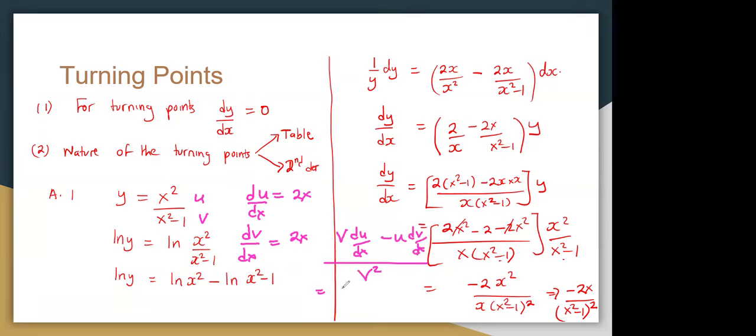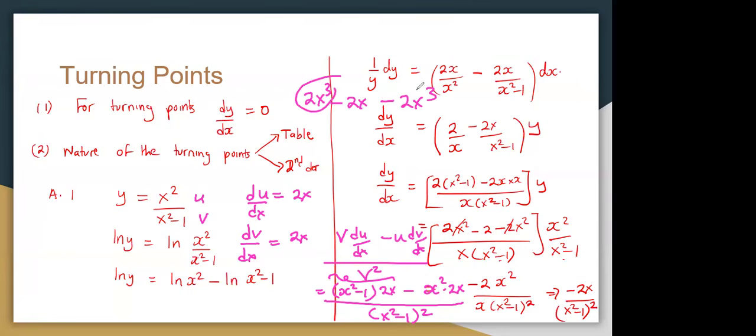We substitute: v is x squared minus 1, times du dx, which is 2x, minus u, x squared, times 2x, over x squared minus 1 squared. Open the brackets for the first one. What do you have? 2x cubed minus 2x, minus 2x cubed. Are you seeing this and this? They end up giving you?